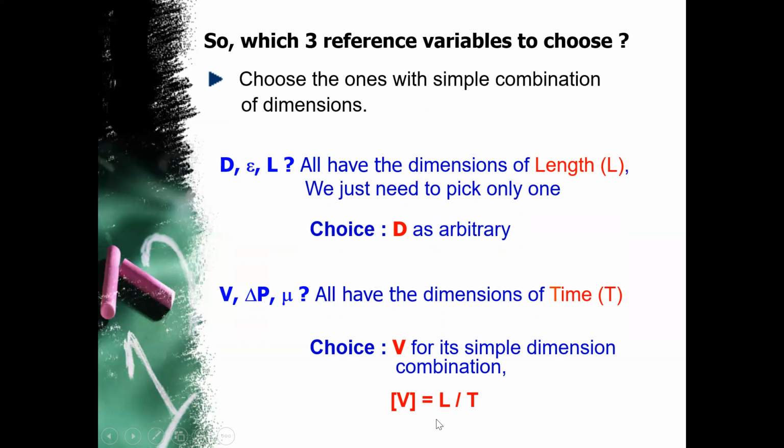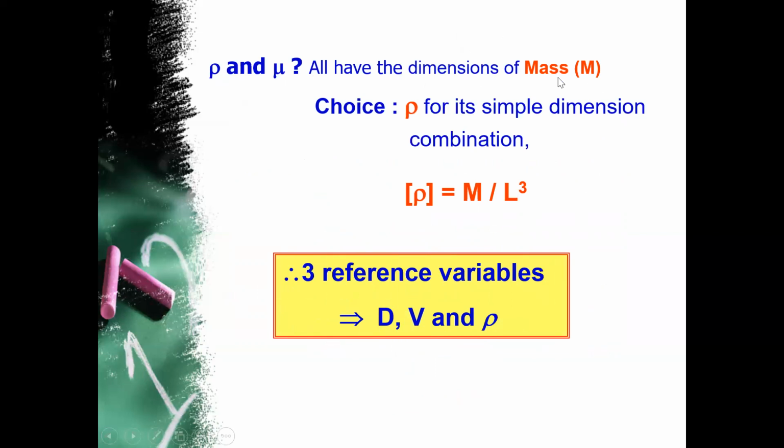We have covered length and time, and then the third one, the mass. Of the seven, these two contain the fundamental dimension of mass. Which one to choose? Viscosity is a bit more complicated, so we better choose rho, which is density, equal to mass over volume. We try to expand this one, so we get this.